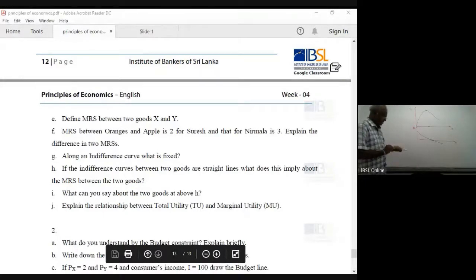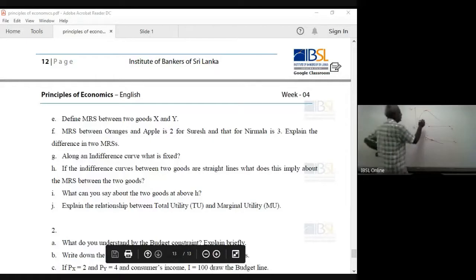And when total utility is increasing, marginal utility is positive but decreasing, falling. When total utility is at the maximum point, marginal utility is 0.